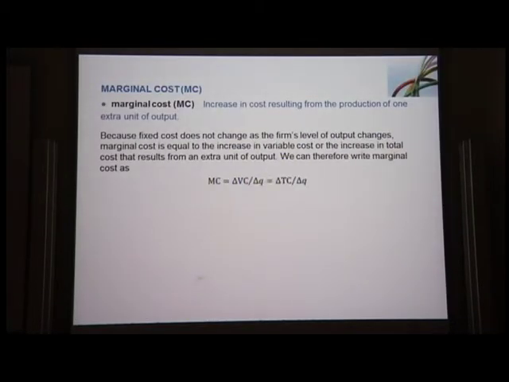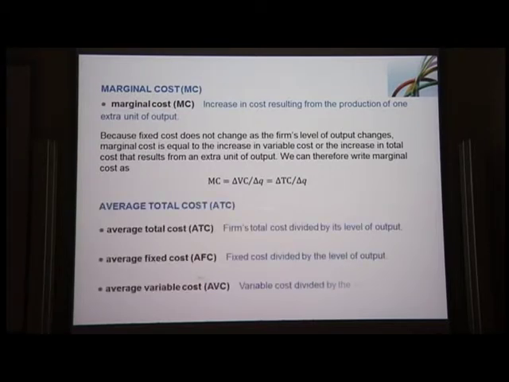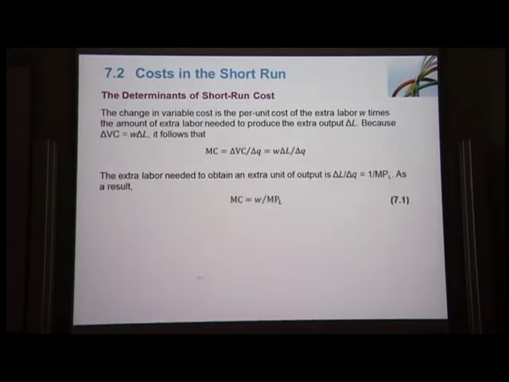Then marginal cost, we know it's the cost resulting from producing one extra unit of output. And then the ATC is the firm's total cost divided by its level of output, average fixed cost is the firm's total fixed cost divided by the level of output, and AVC is the total variable cost divided by the level of output.